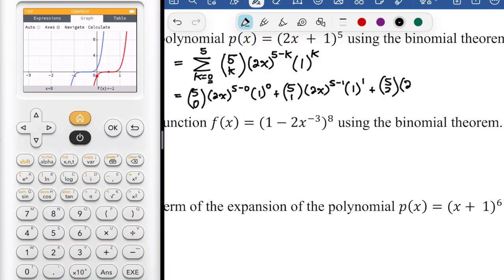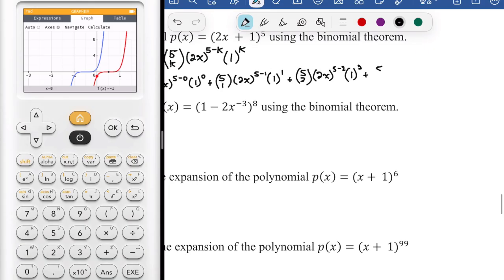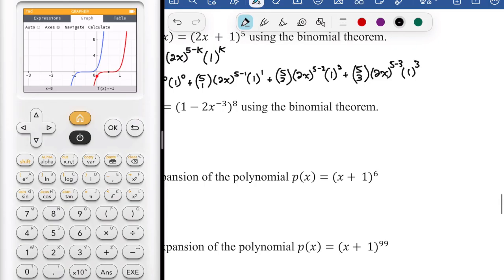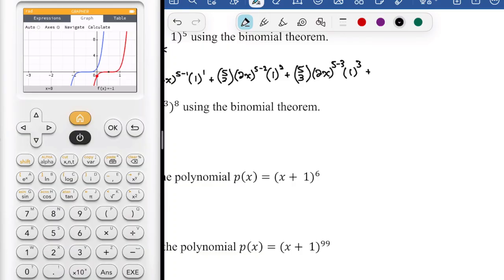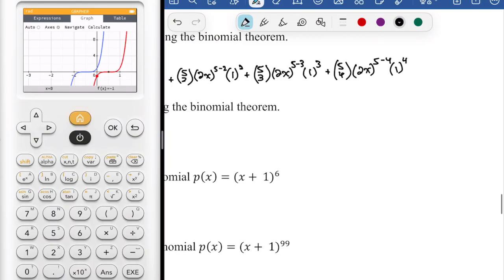5, 2, 2x to the 5 minus 2, 1 to the second, 5, oops, resist the urge to make it a fraction, 2x to the 5 minus 3, 1 to the third, 5, 4, 2x to the 5 minus 4, 1 to the fourth, and then the last term plus 5, 5.